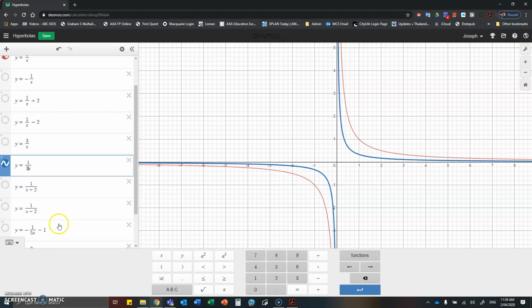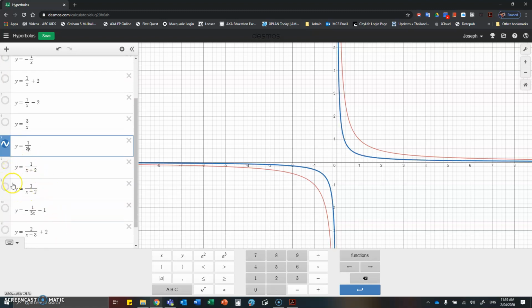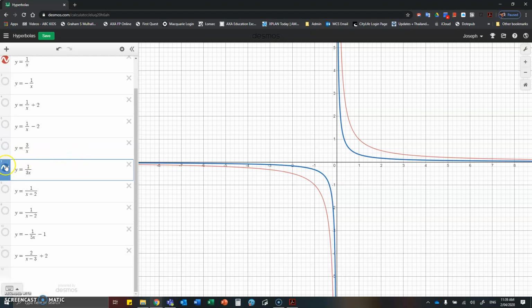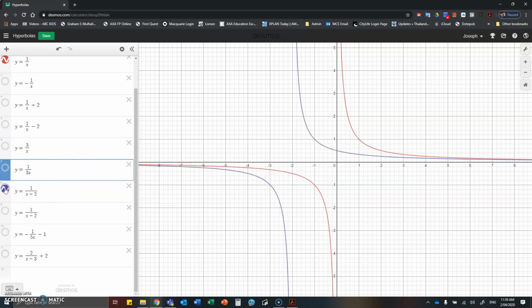Okay, and then lastly, I want you to see what happens if we put the plus 2 in the denominator of this fraction. So it's 1 over x plus 2. Let's compare that with 1 over x, and you'll see that 1 over x plus 2 shifts it horizontally.